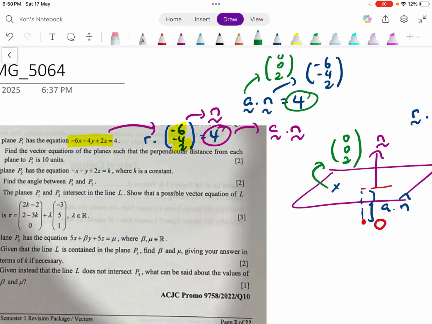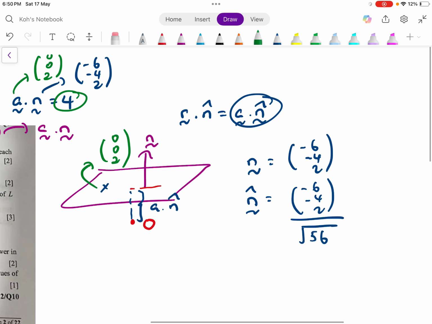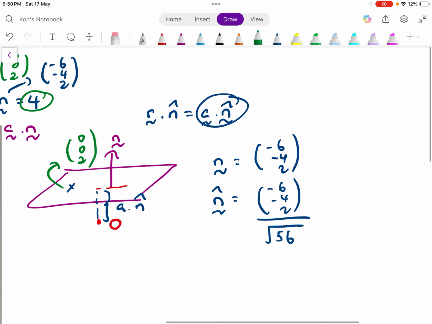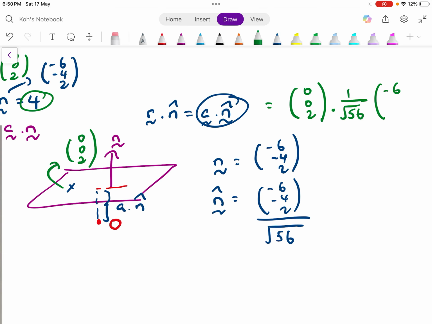Okay, so I already know the position vector that's lying on this plane, so I can do the substitution already. So let's do the substitution. So first, a is (0, 0, 2). Then I dot with this 1 over square root 56, then here is (negative 6, negative 4, positive 2).